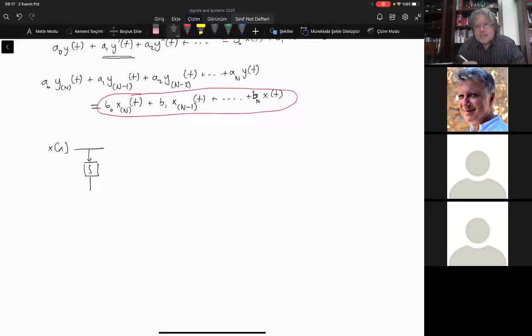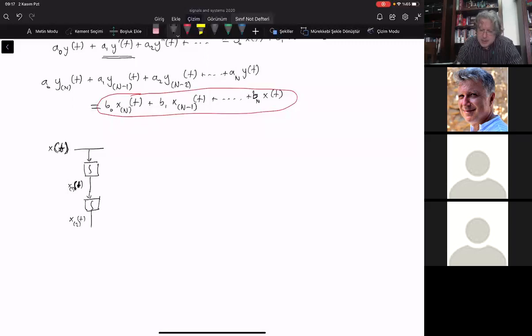When I integrate it, what am I going to get? I'm going to get x sub 1 of t. And it's not square brackets, it's normal parentheses. Excuse me. So after the integrator, I have x sub 1. And then I integrate it again. And I'm going to have here x sub 2 of t.